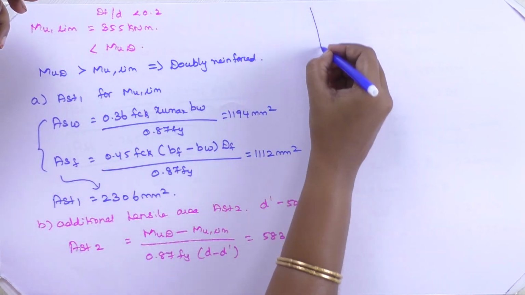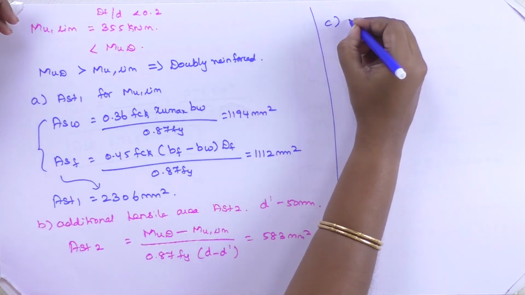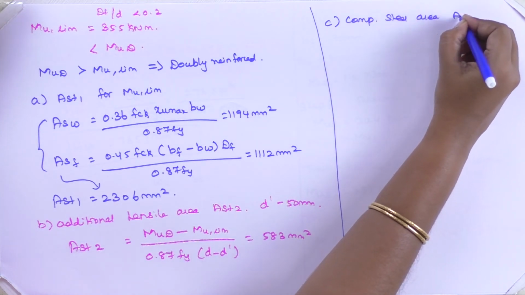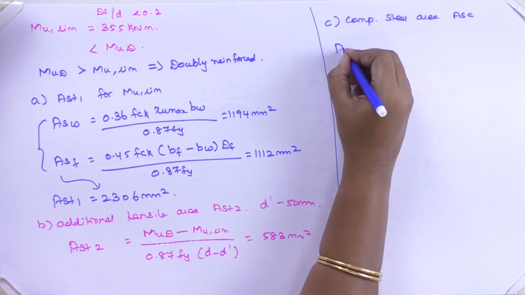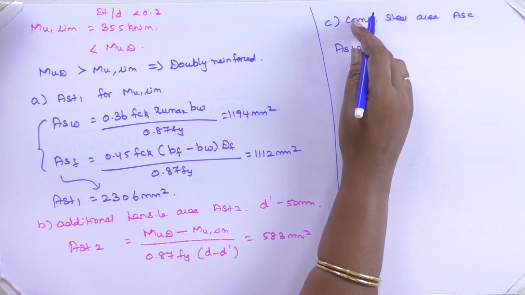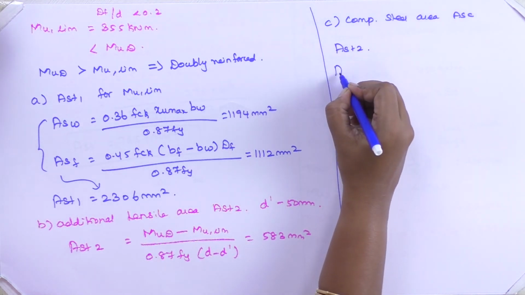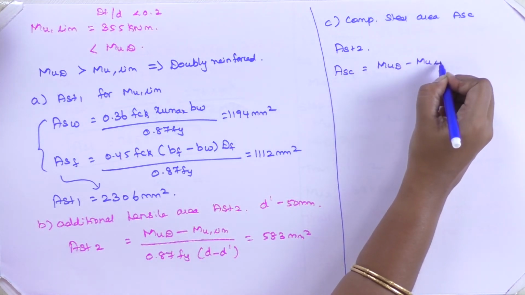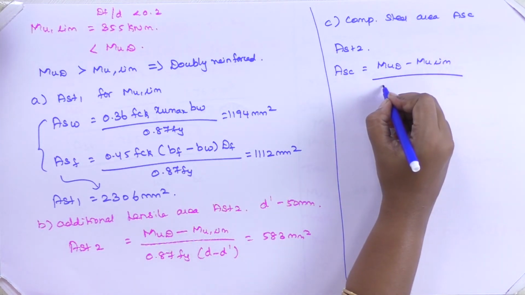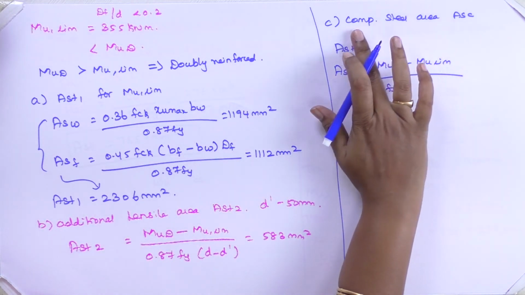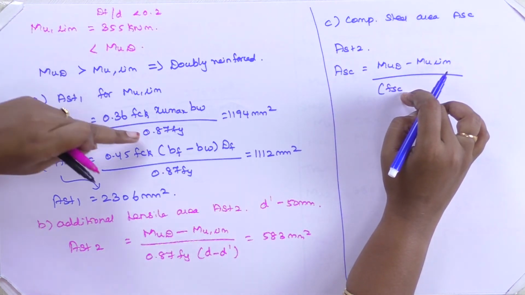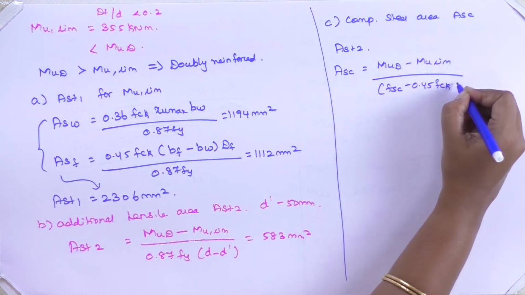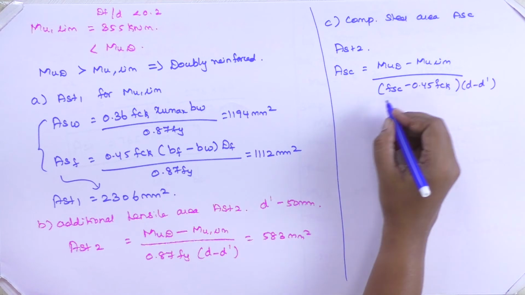So third one, compression steel area ASC. For that ASC, I know the formula: MUD minus MU limit divided by FSC, that is for your compression, minus 0.45 FCK value, into D minus D dash.